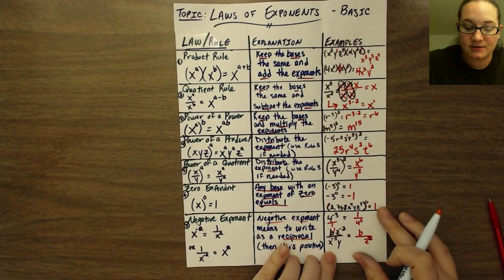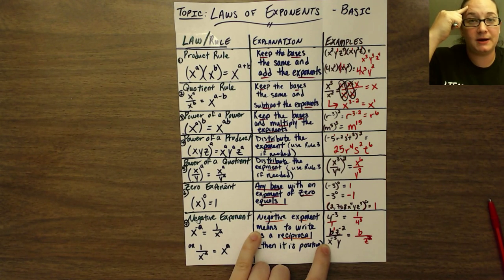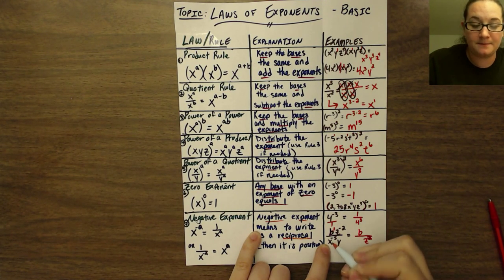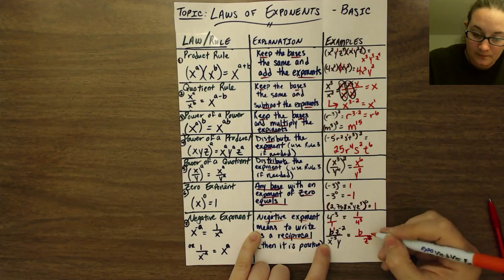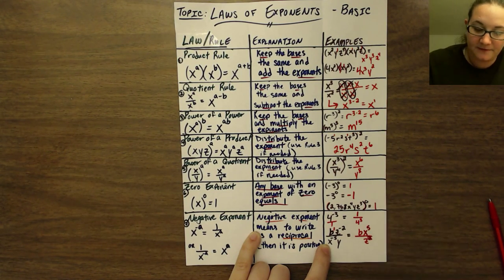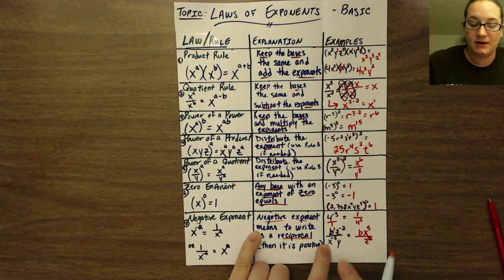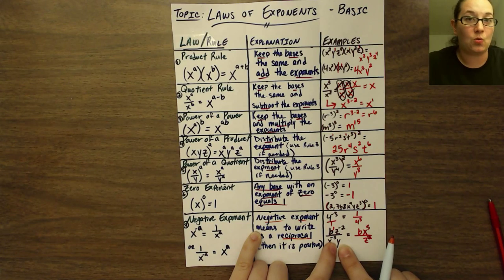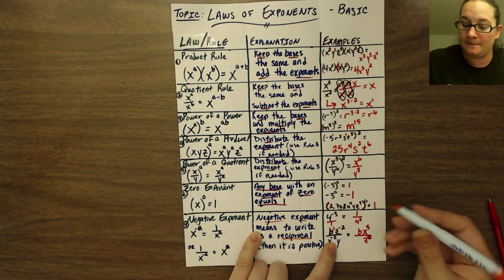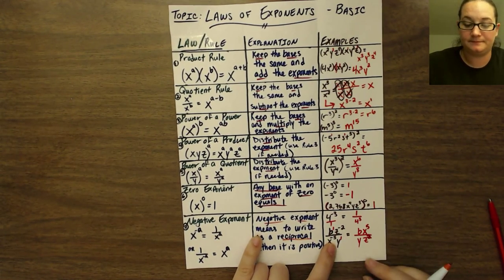So x has a negative exponent, so the negative exponent tells me it's in the wrong spot, so I want to move it from the bottom to the top. So x to the 5. And if you notice, now that it's in the right spot, it's no longer a negative exponent. I look at the y, and does the y have a negative exponent? It has a positive 1, so the y would stay put.